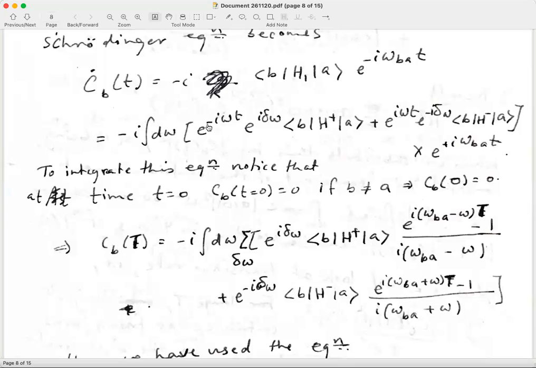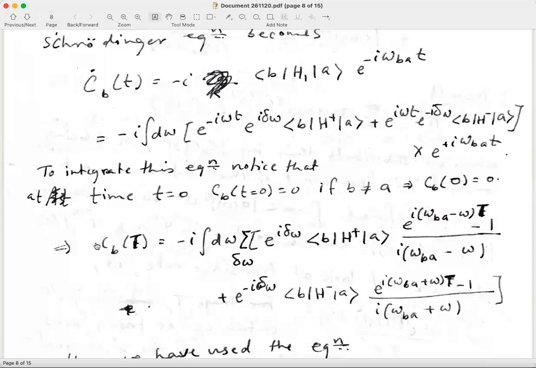Doing the time integral, you get the factors omega BA minus omega or omega BA plus omega in the denominator, and this term in the numerator. This term arises simply because of the endpoint contribution of the integral. The integral is done from time t equals 0 to capital T. Time t equals 0 is this contribution, capital T is that contribution. The other term has the other way around expression, which is omega BA plus omega. So that is what CBT would be.